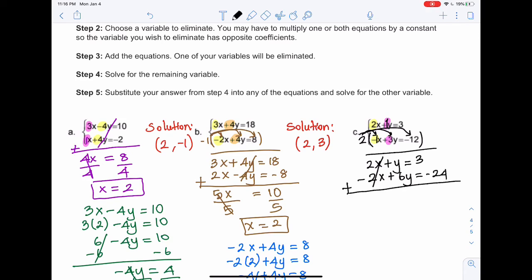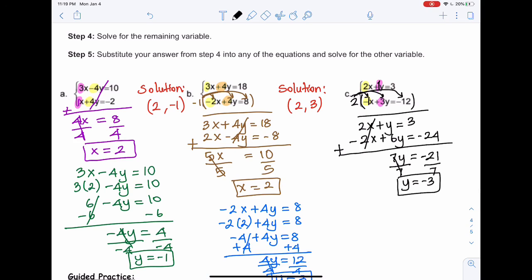So 1y plus 6y will be 7y is equal to 3 plus negative 24 will give us negative 21. Then if you solve it, y will be negative 3. So we're done with our first variable. Let's substitute negative 3 for y in the first equation.